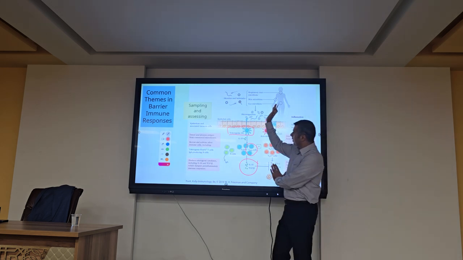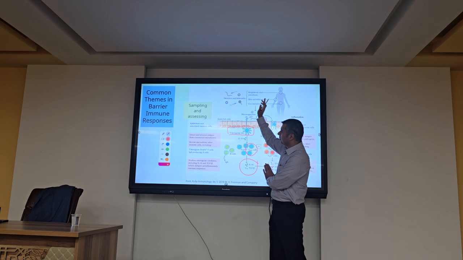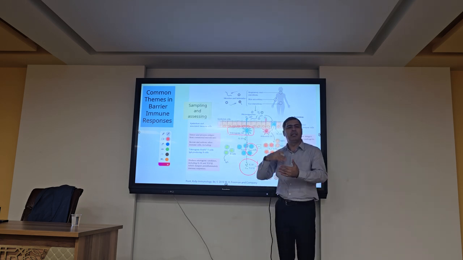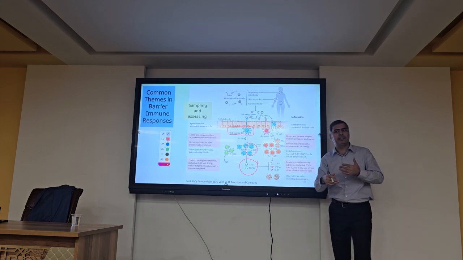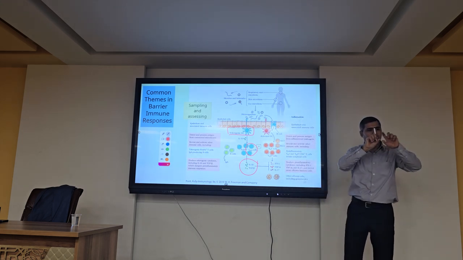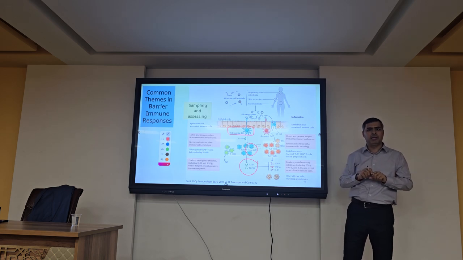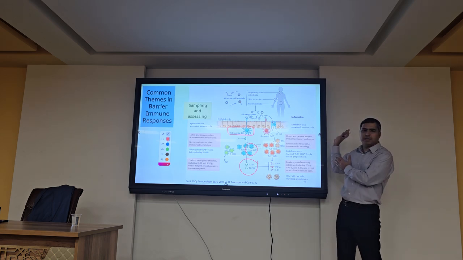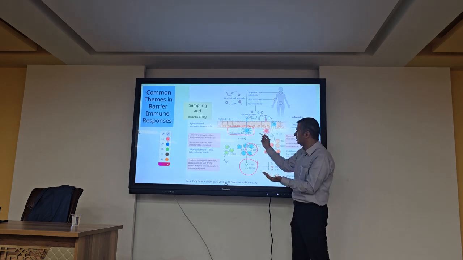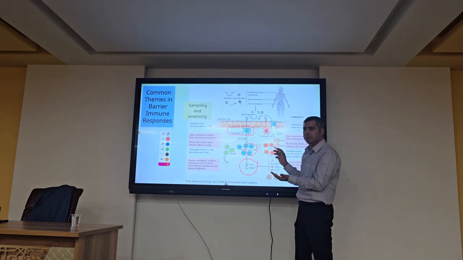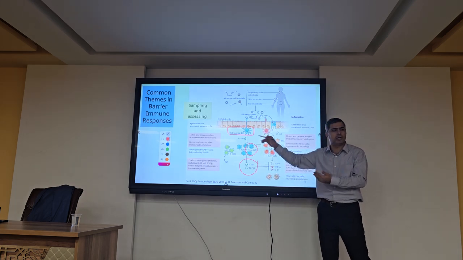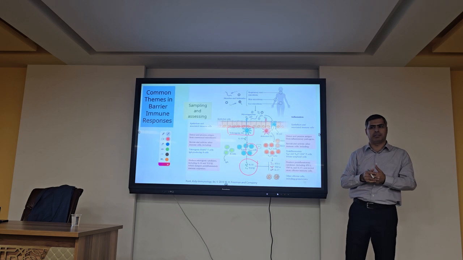So in homeostatic response, we have only sampling and assessing. The immune system is constantly sampling and assessing the content of the lumen inside the intestine, and if there is no pathogenic microorganism, we will have tolerogenic DC activation, production of IL-10, or T regulatory function, production of TGF-beta and IL-10, and these cytokines suppress the activity of other cells.